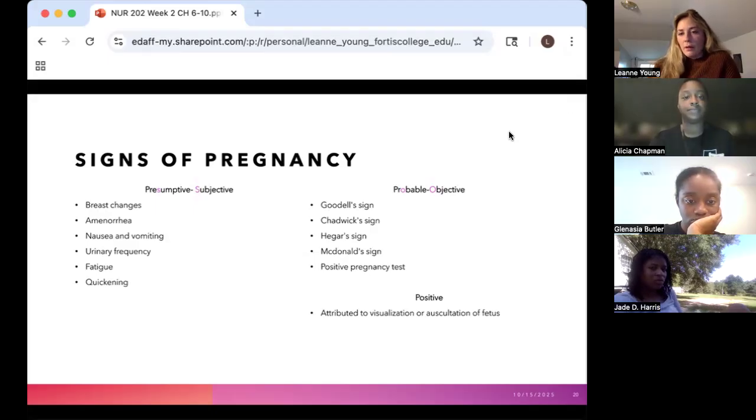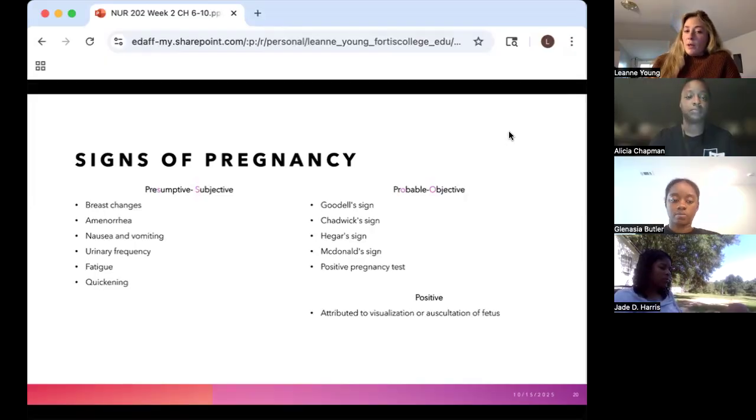The most common one would be a type of tumor, like an ovarian tumor. Sometimes those kinds of tumors can produce HCG, which can give a false positive pregnancy test. So really the only definitive way to determine a pregnancy is by visualizing or auscultating fetal heart sounds, or seeing the fetus inside the gestational sac in the uterus.